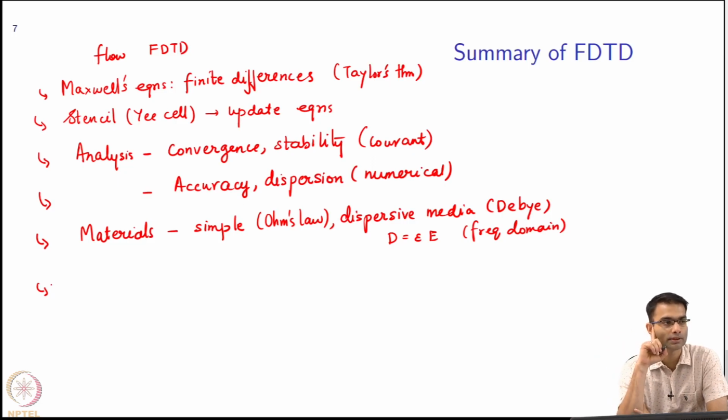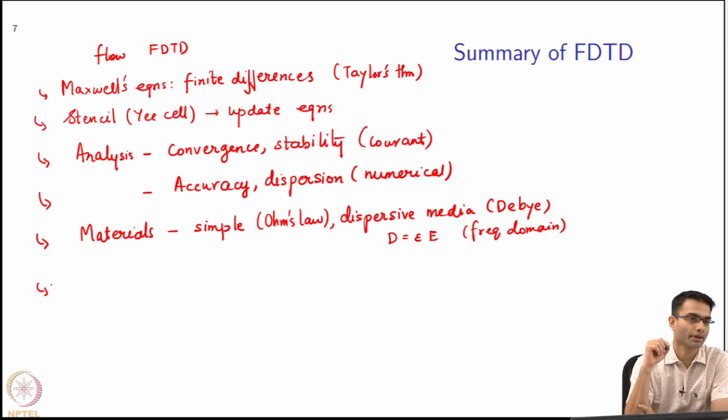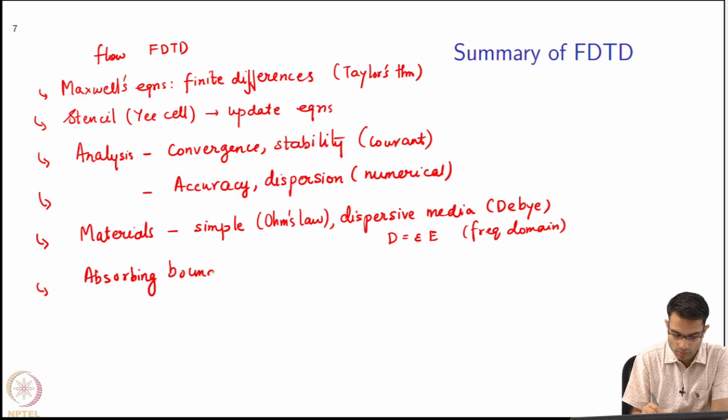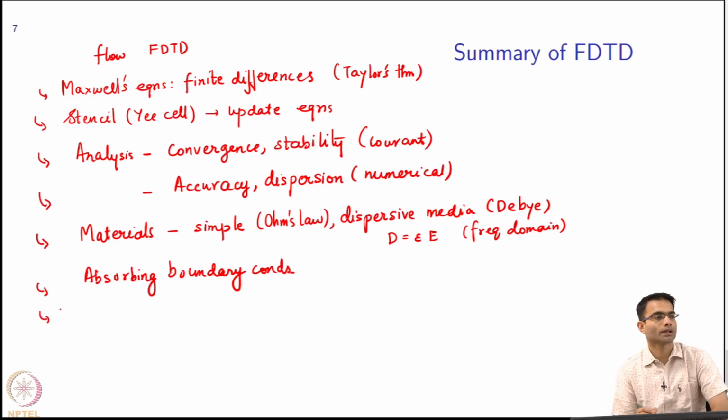Then after that, materials are done, we looked at absorbing boundary conditions, simple first order absorbing boundary conditions, right. Then we looked at the inaccuracy of absorbing boundary conditions. For example, evanescent waves are not absorbed by an ABC.